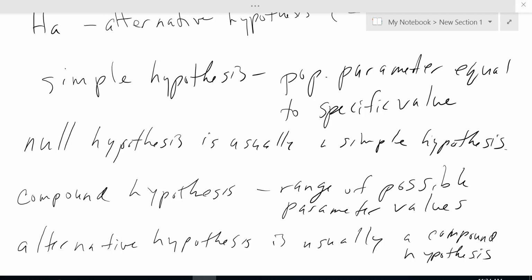So in our manufacturing process example, the idea is that we wanted the manufacturing process to make a change, right? So we want to say, I know, quote unquote, know, that the null hypothesis is false and the alternative hypothesis is true, so that I can say that my manufacturing process made the appropriate change.